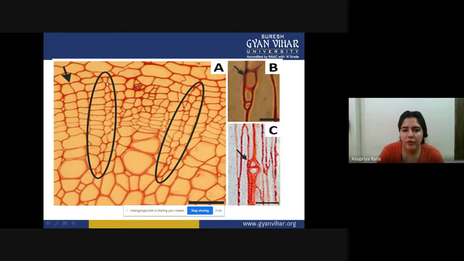We talked about passage cells, which are the transporting cells, and they are also present in between the cells in the interfascicular cambium. The broad ones are the fascicular cambium, and the very elongated ones are the interfascicular cambium. They divide up and down in one condition, and these divide laterally.